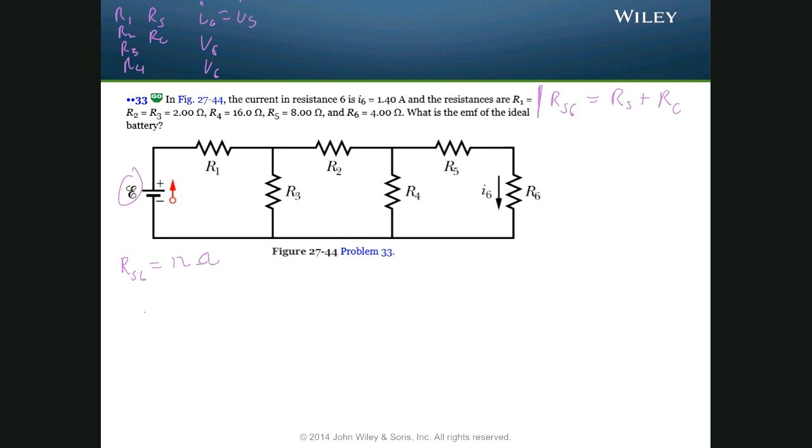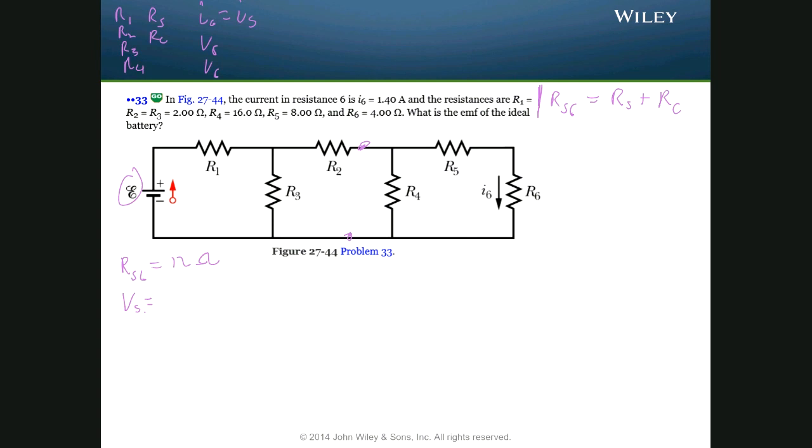I'm probably going to need to draw the circuit, but I'll just draw the part I'm concentrating on. So we know that R56 is 12. So V5 is going to equal, I'm not sure we need all these voltages, but we might. Right now, I just want to get the equivalent resistance. No, because I'm going to need the current for the whole thing.